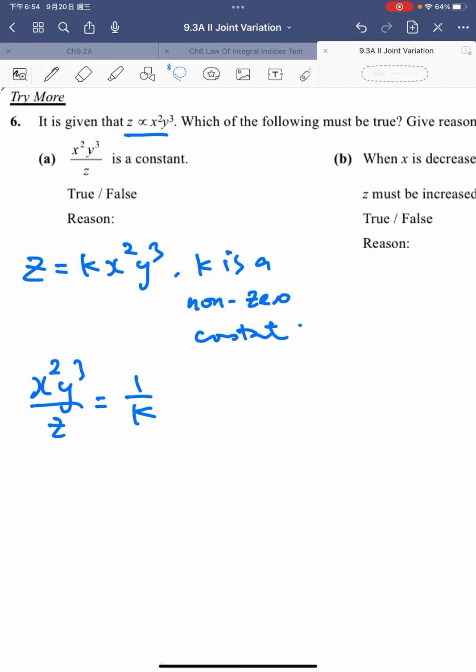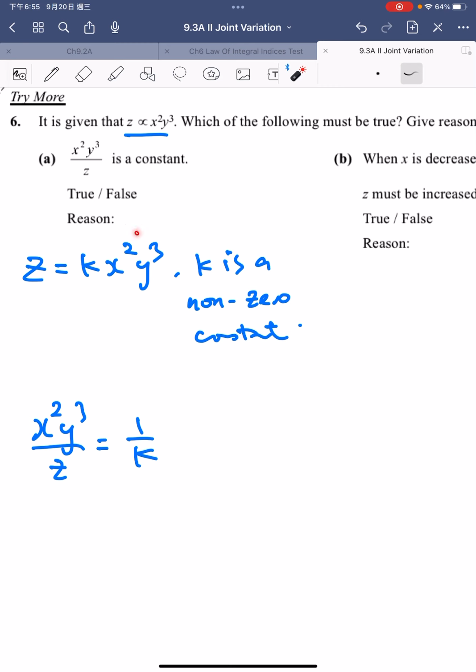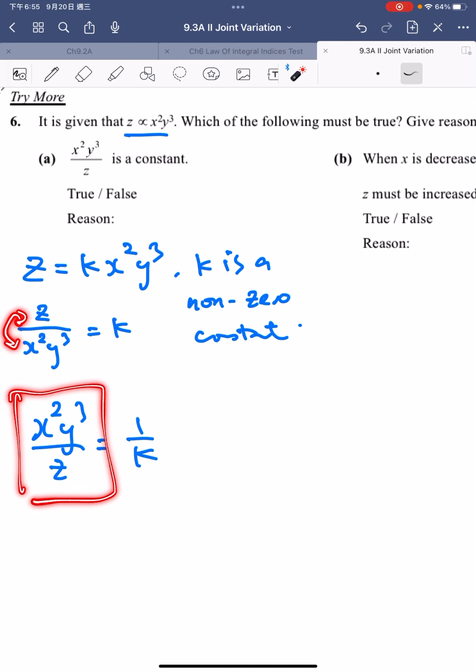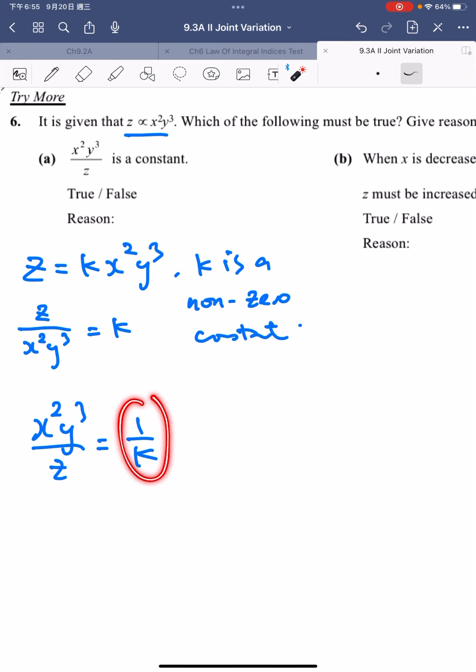If you think this is too fast, you can do one more step. First of all, we can just move the x squared y cubed to the left hand side. So we divide by x squared y cubed, giving z over x squared y cubed, which is actually equal to k. Then we swap the numerator and the denominator to get x squared y cubed over z, which is actually equal to 1 over k.